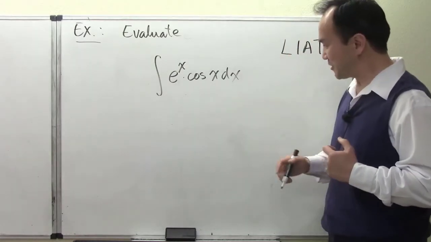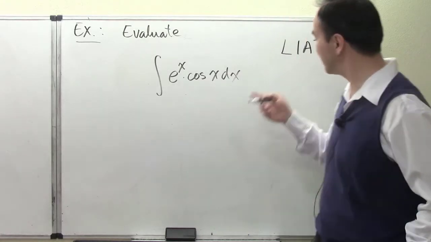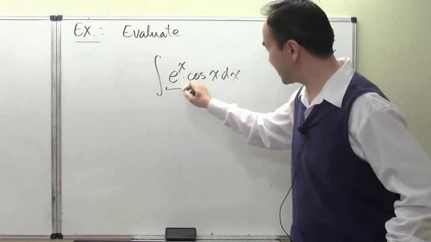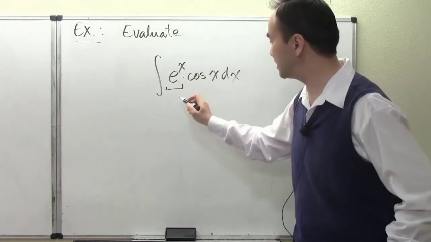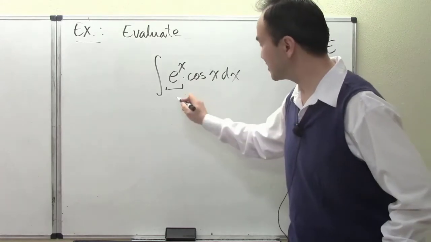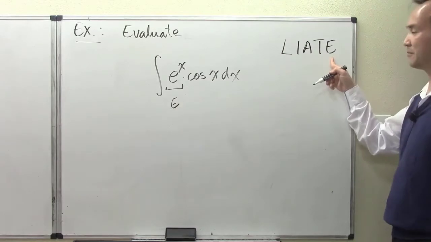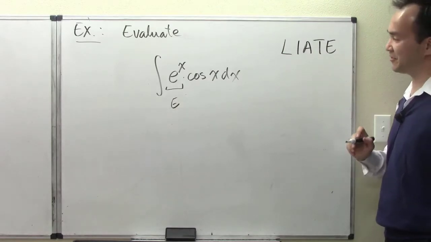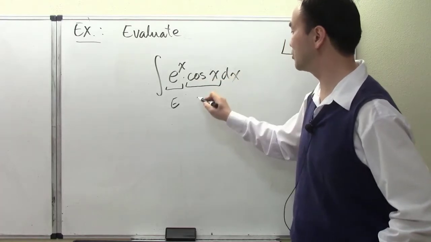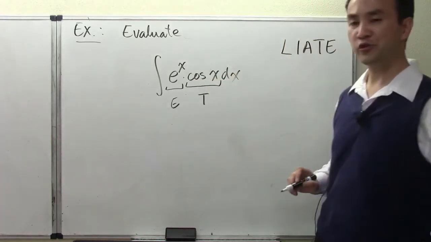With our understanding of the LIATE guideline, e to the x is one member of the exponential functions, the E in LIATE, and cosine of x is one of the members of the trig functions.